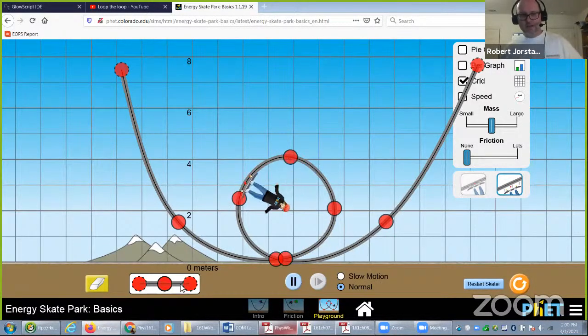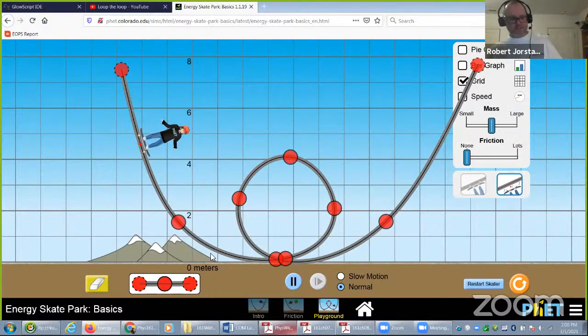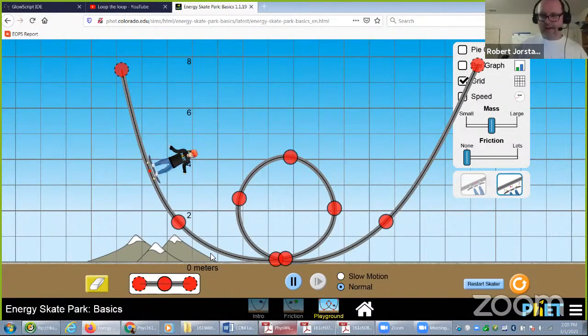Just barely able. Now if we start here at just under that, you might see the girl start to projectile off the track here in just a second. See her go airborne? All right. And so that looks like it's about right.